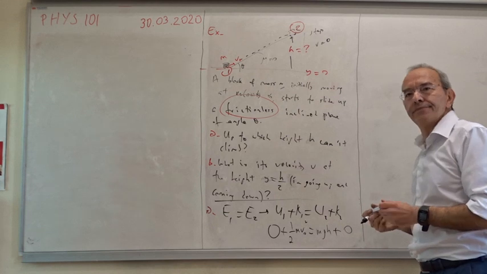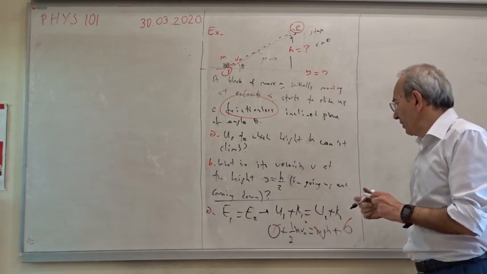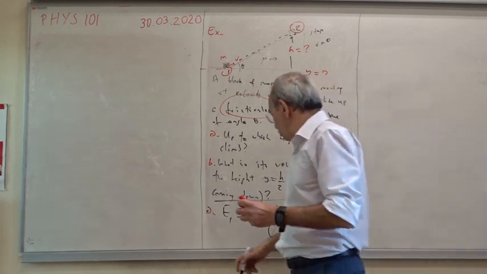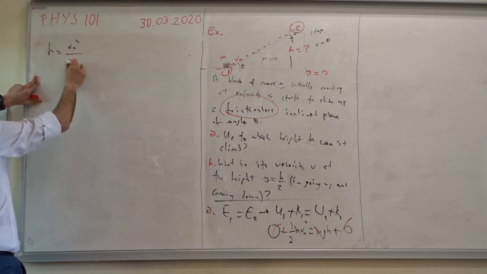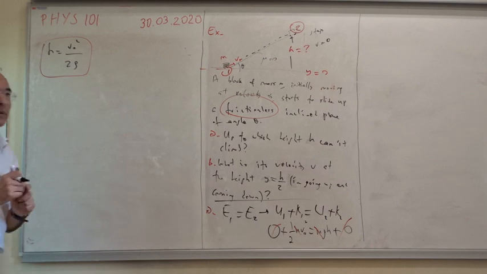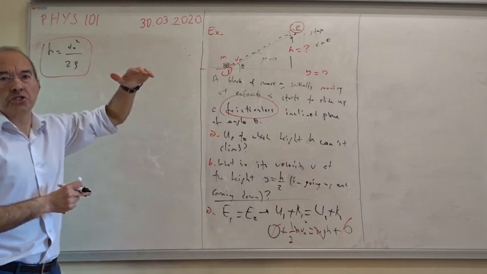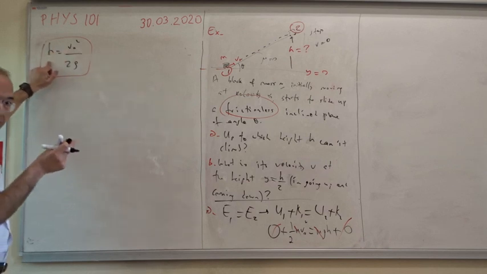Therefore, there is no kinetic energy. If you neglect these zeros and cancel the masses, h will be v0 squared over 2g. So this is the result for the height it can reach. The greater the velocity, of course, the greater will be the height.